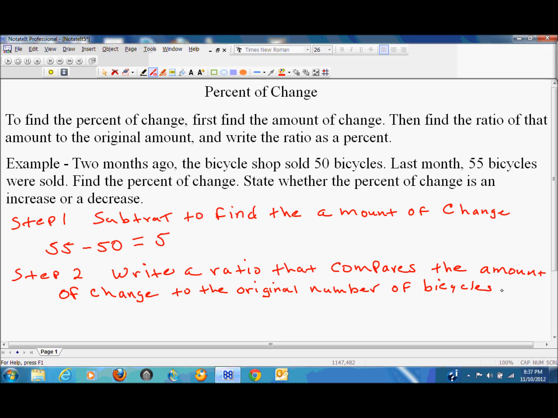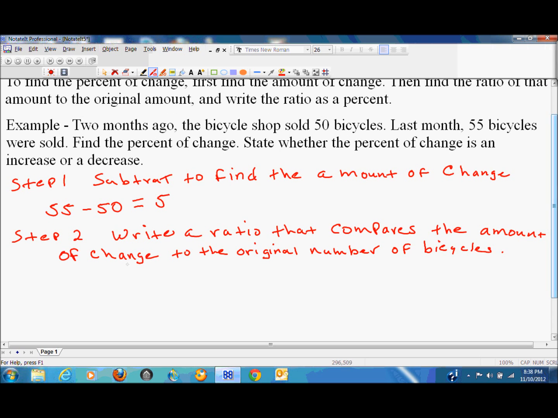So that's our second step. So the original amount is the first amount, which was 50. So our ratio will be 5 over 50.